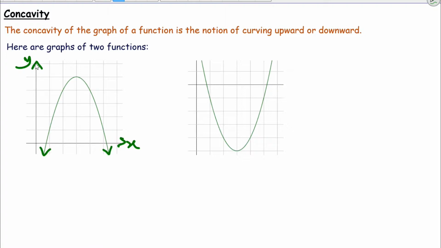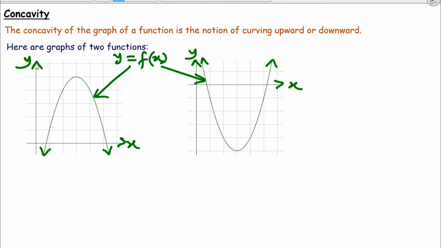These are the original functions, y is equal to f of x. That's y, this is x as well. This goes, by the way, to infinity.